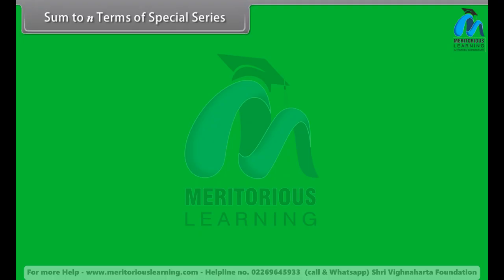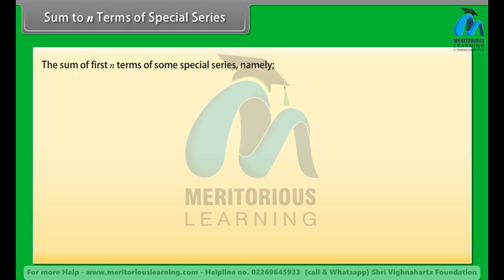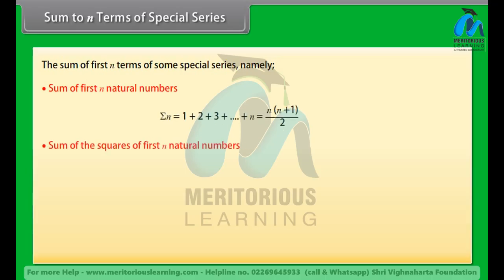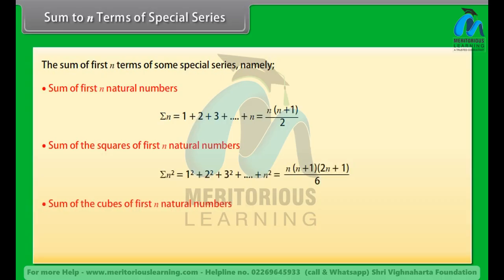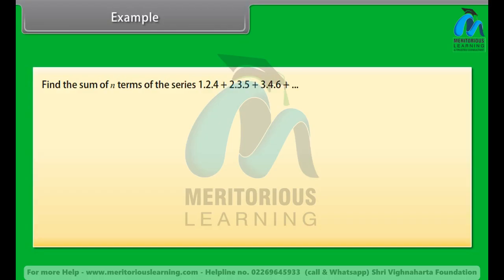Sum to n terms of special series. The sum of first n terms of some special series, namely sum of the first n natural numbers, sum of the squares of the first n natural numbers, sum of the cubes of first n natural numbers. Example: find the sum of n terms of the series.